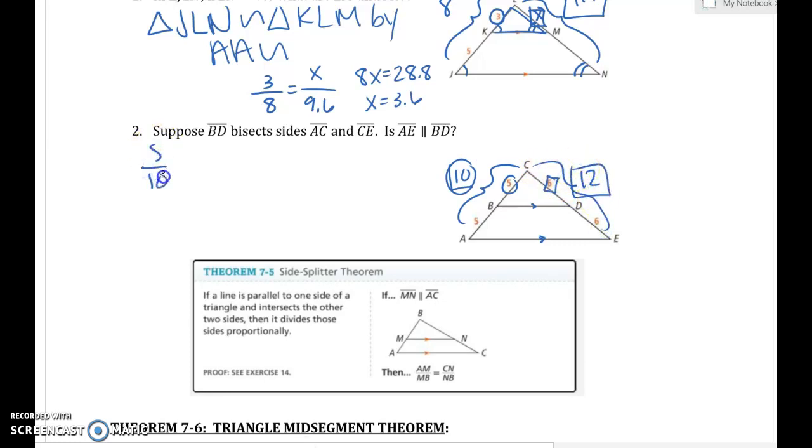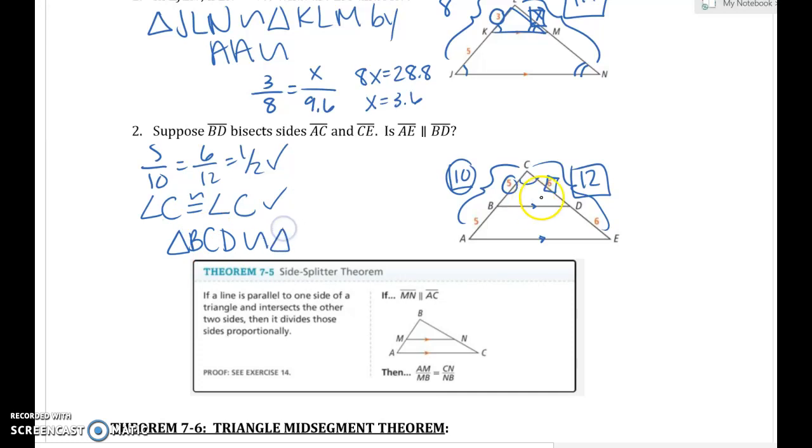And 5 over 10 equals 6 over 12, because they're both 1/2. So we're good there. We also know that angle C, which is in both triangles, is congruent to angle C. So then triangle BCD is similar to triangle ACE by SAS similarity.